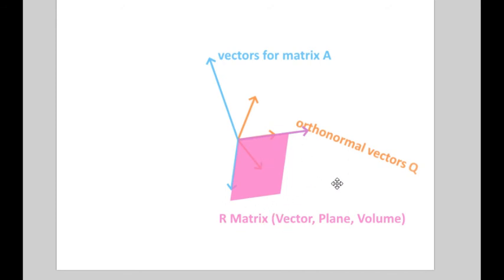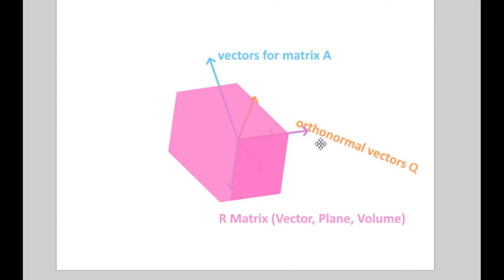Since A is equal to Q times R, we have a matching vector, then we want a matching plane, and then finally, we want a matching volume.